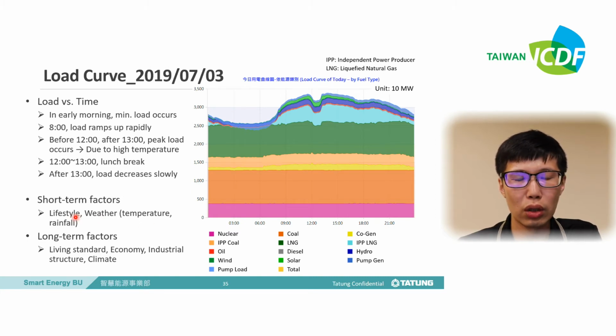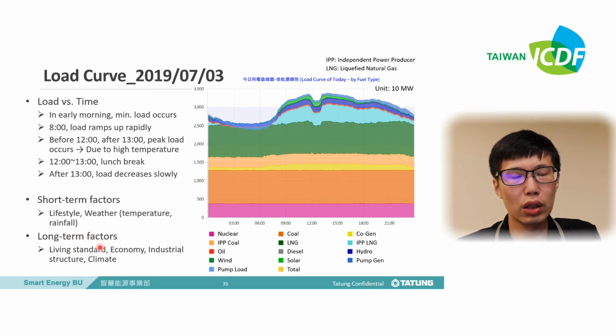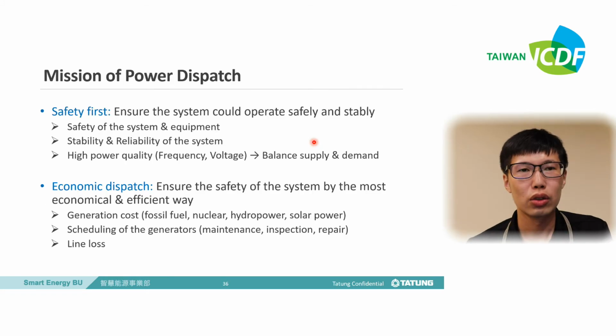So in the short term, the temperature and the lifestyle of people are very important. And in the long term, the load will be affected by the living standard or the economy, the industrial structure and the climate.